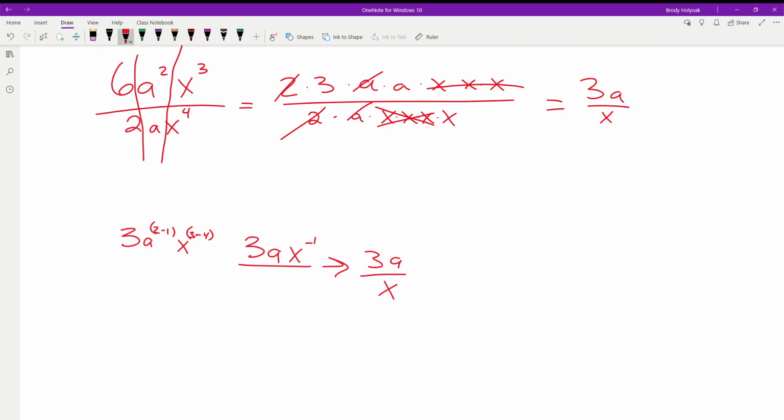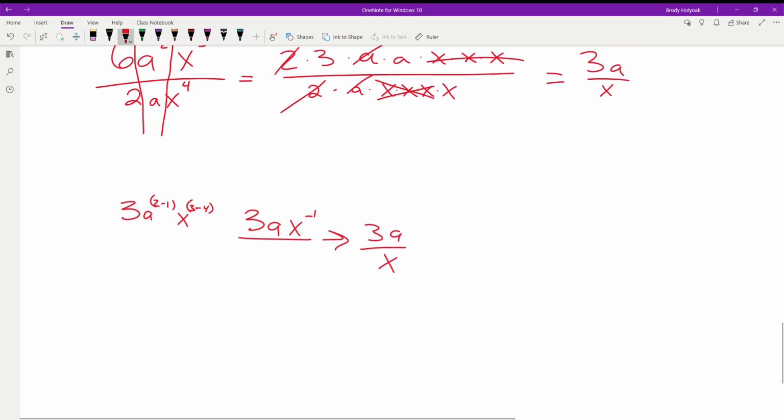You want to try and end up to where you don't have negative powers in the end. You want those to be positive as much as possible. If you have a negative in the denominator, it would flip it up to the top. Make sense?